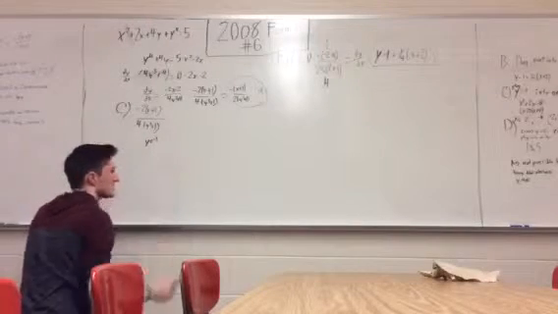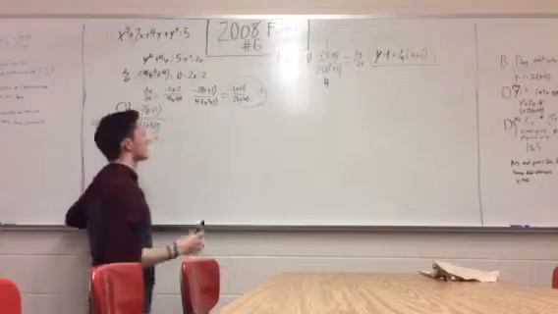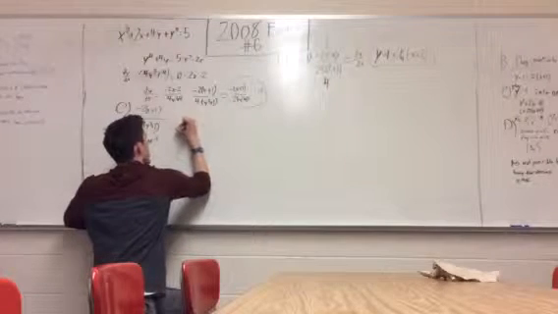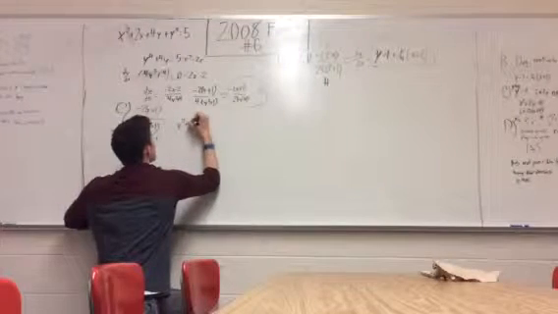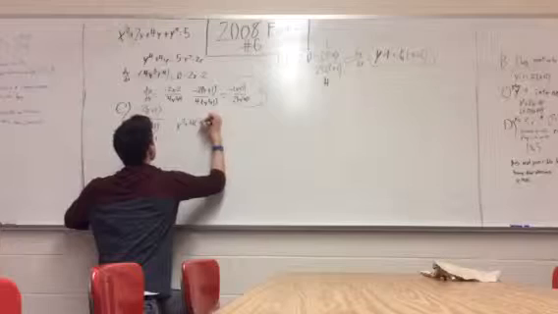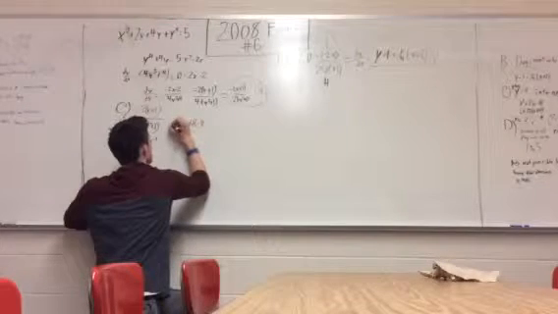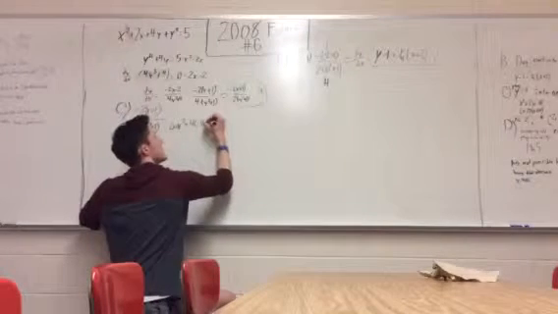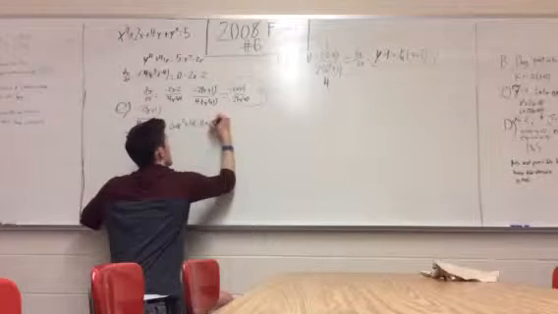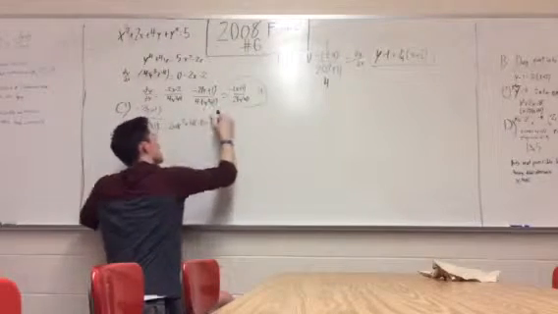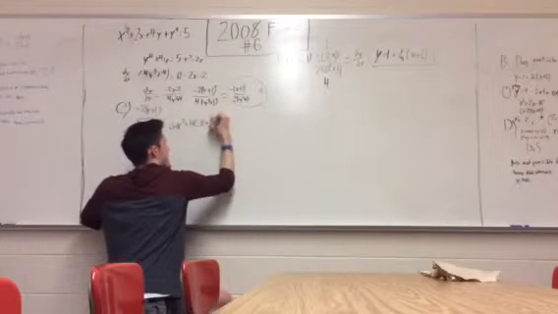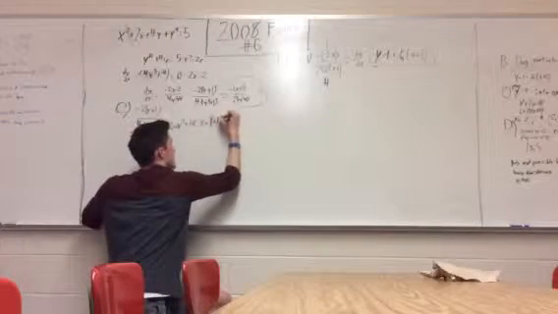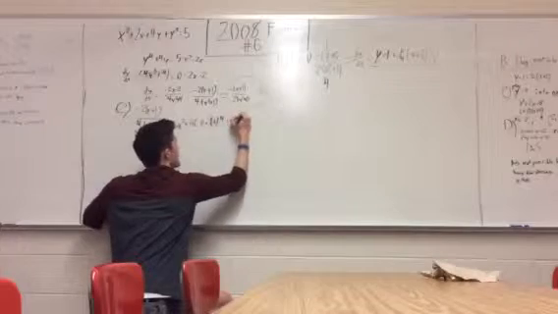Now we plug this into our original equation: x squared plus 2x plus 4 times negative 1 plus negative 1 to the fourth equals 5.